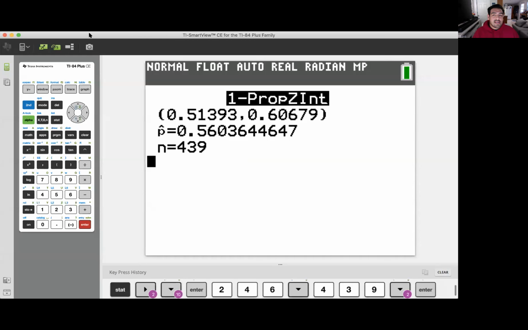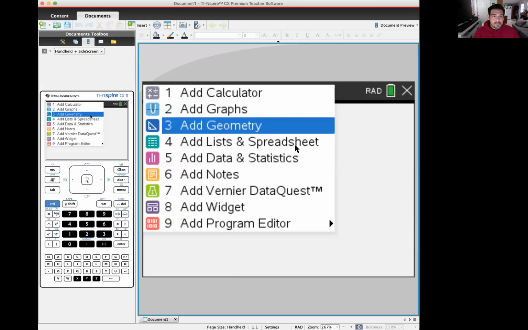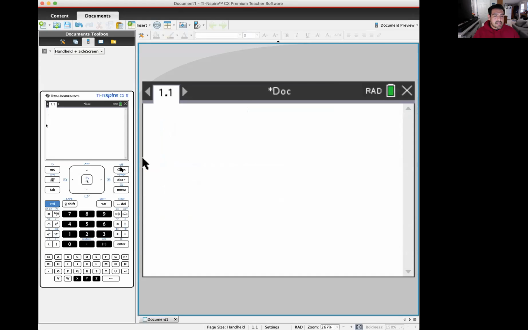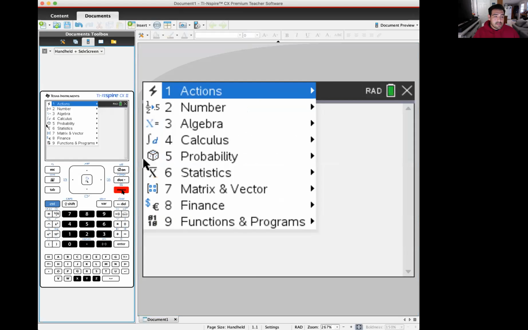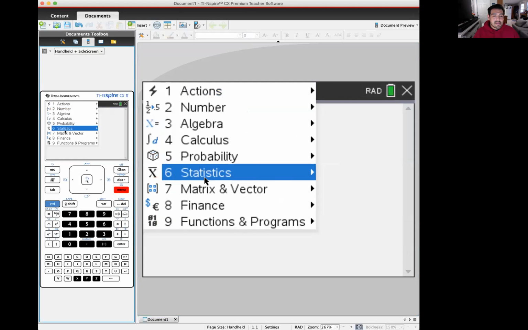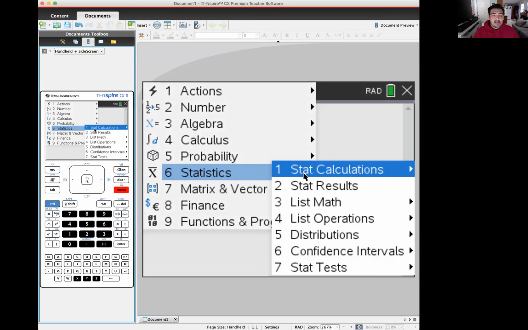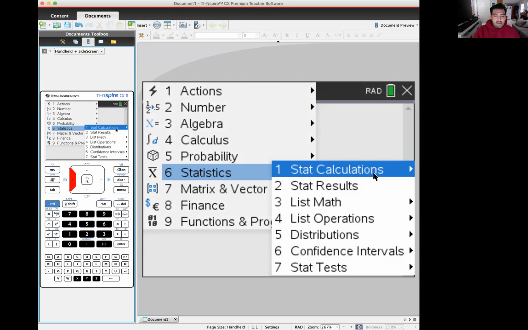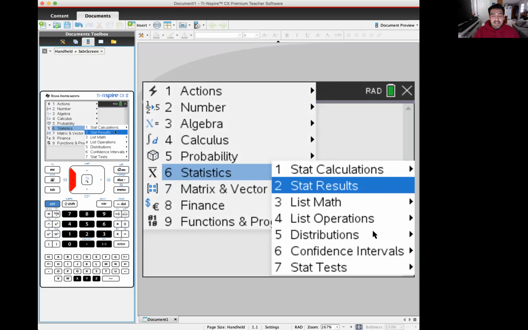For those of us that want to do the Nspire, in a home screen, dealing from a home screen, right? I need you to hit Menu. I need you to go down to Statistics. From here in Statistics, if you go down to number 6, it says confidence interval.